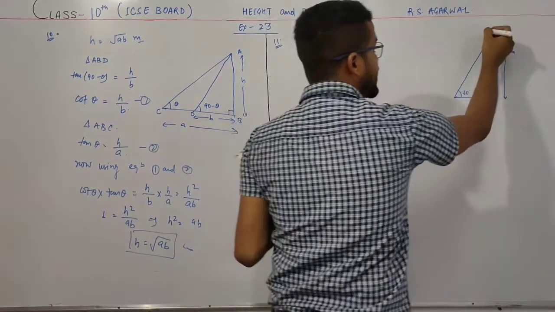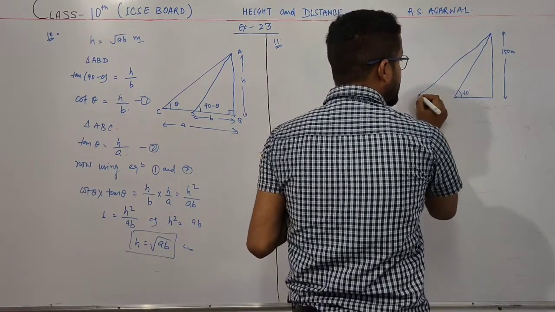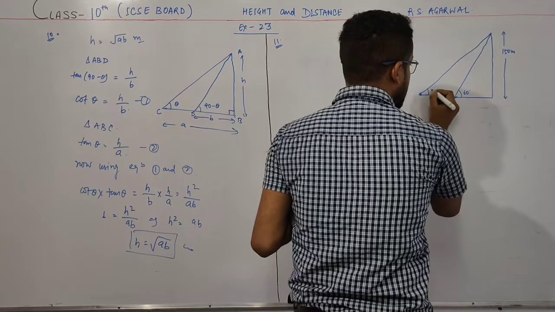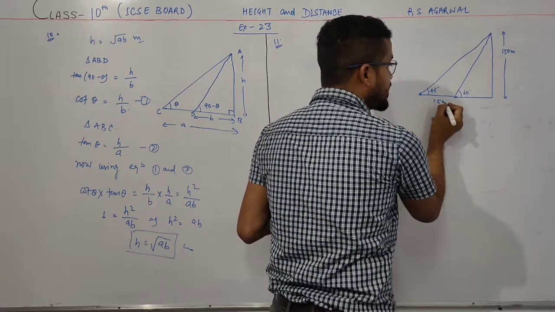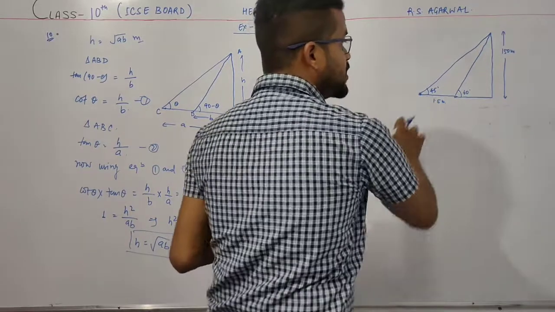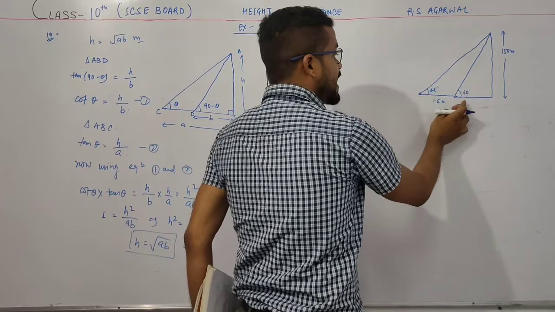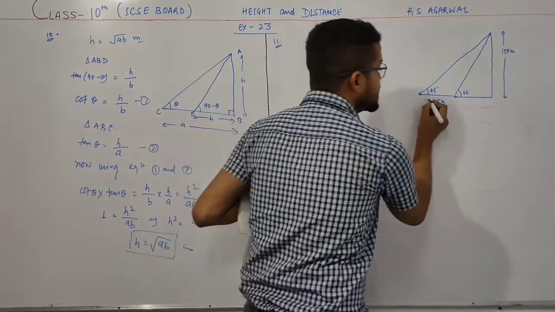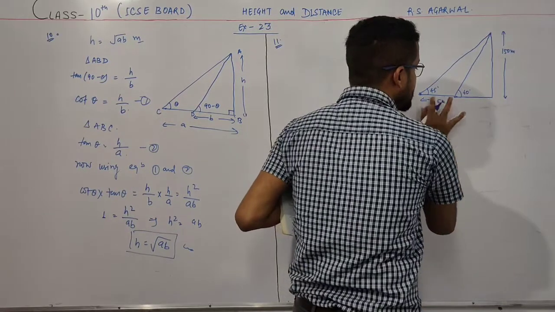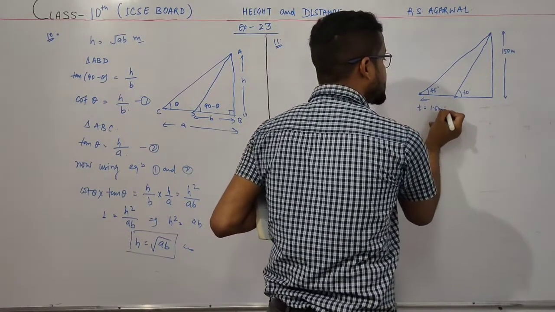So when the angle of elevation is 45 degrees, the boat takes 1.5 minutes to go from this point to this point, changing the angle from 60 degrees to 45 degrees. So the time is given, 1.5 minutes.